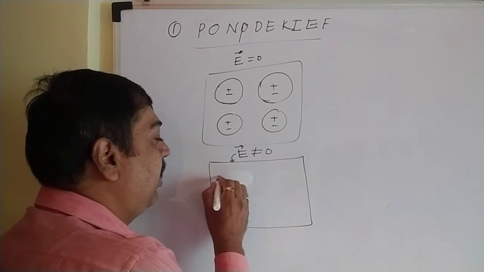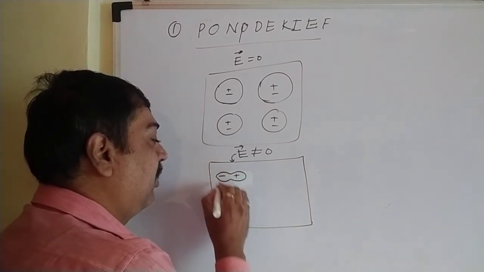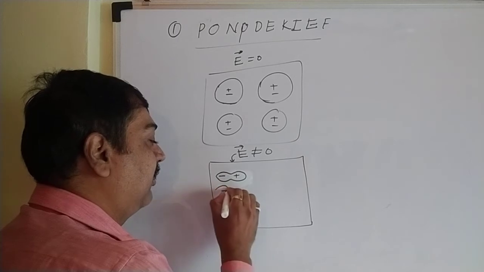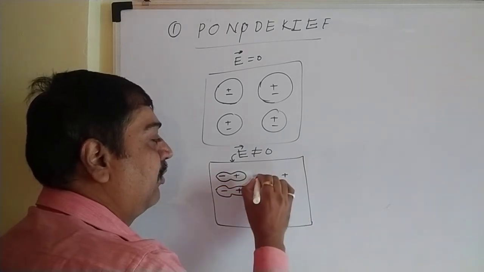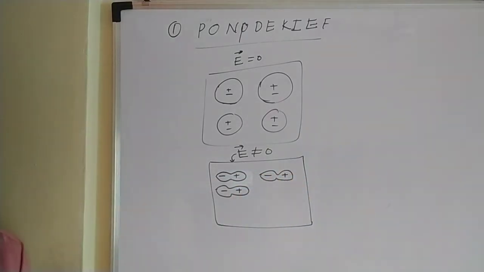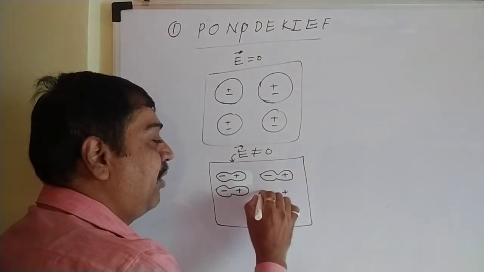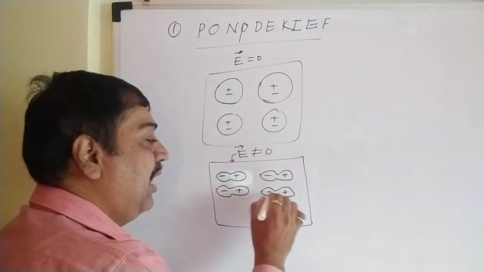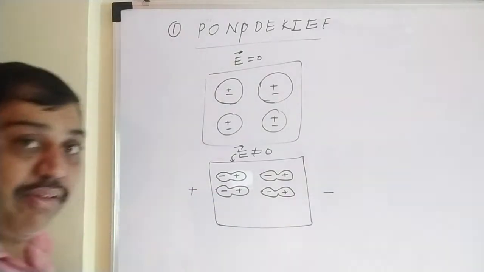What will occur? Negative and positive charges start separating from each other, to this side and this side. Suppose here the positive and negative of the electric field are there.